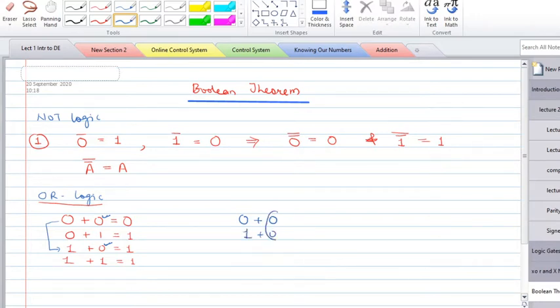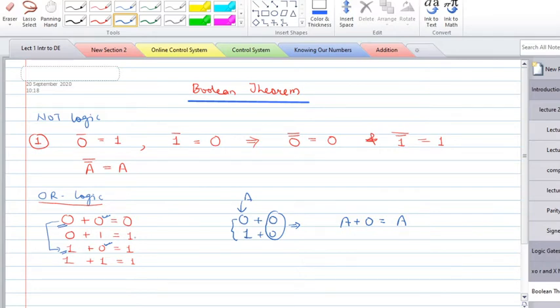So collectively we see that if we represent this variable with a, then we result in a theorem that is, if a plus 0 is there, then output will be a, because see here the output is same as this.